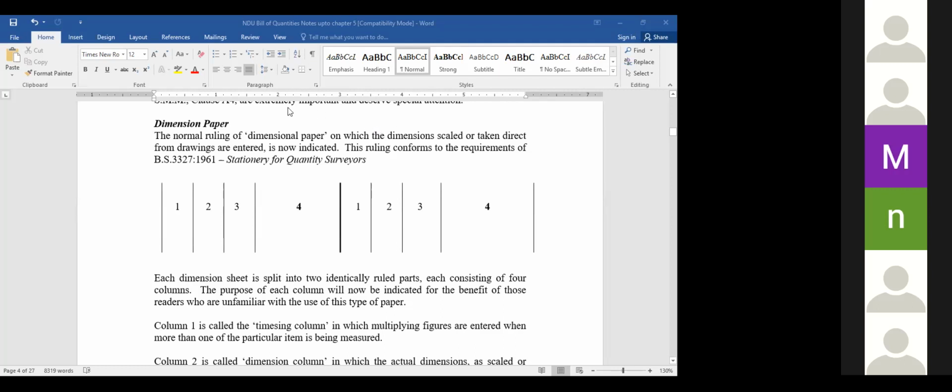Now, here we're saying our sheet is divided into two. First and foremost, imagine this is my sheet of paper.